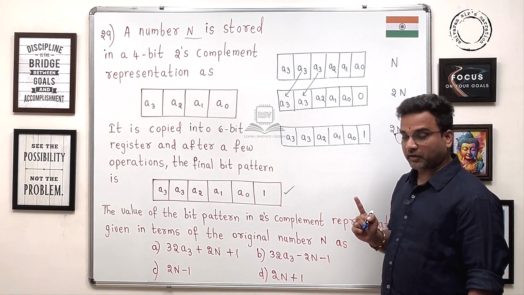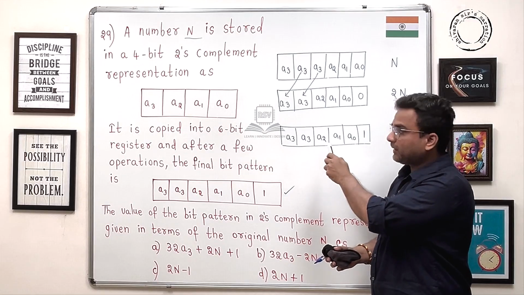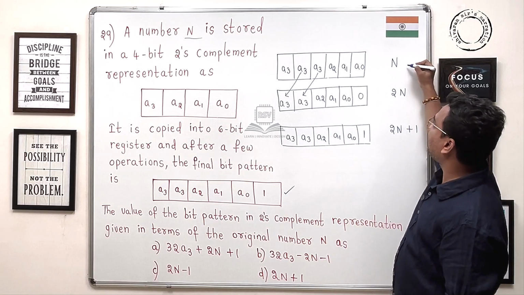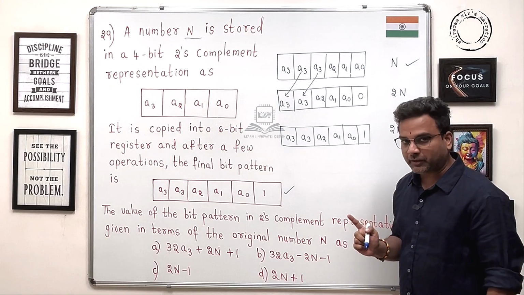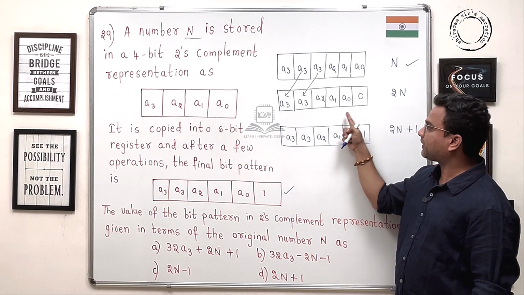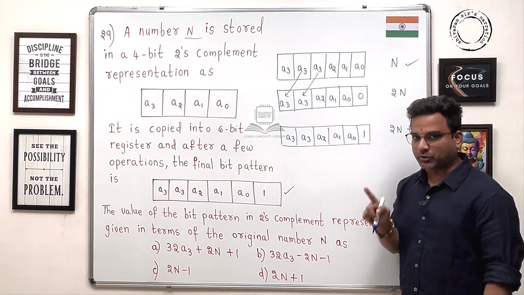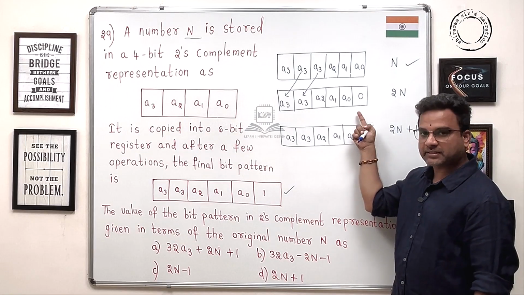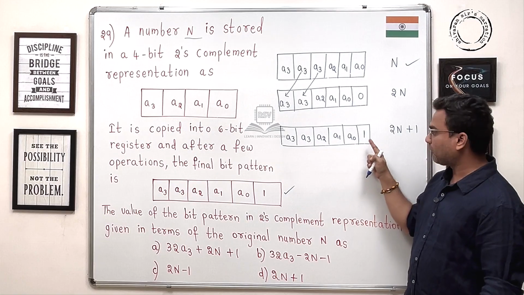So first of all, we have copied the MSB into the remaining two fields. Because of that, the value is not going to change, it is still n only. If you do a shift left operation one time, this will be A3, A3, A2, A1, A0, 0, so that the value gets multiplied by 2. Similarly, if you add 1 to this bit sequence, you will get A3, A3, A2, A1, A0, 1.